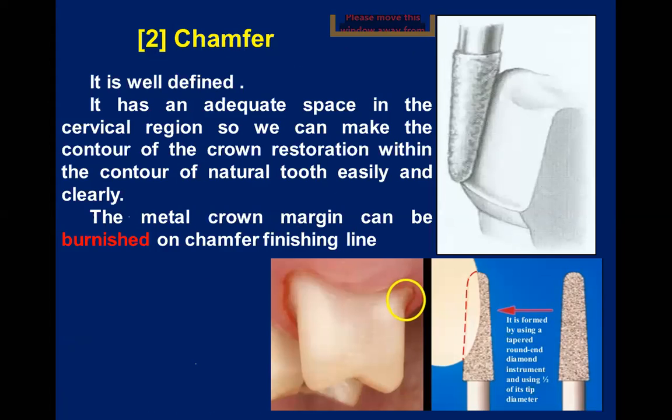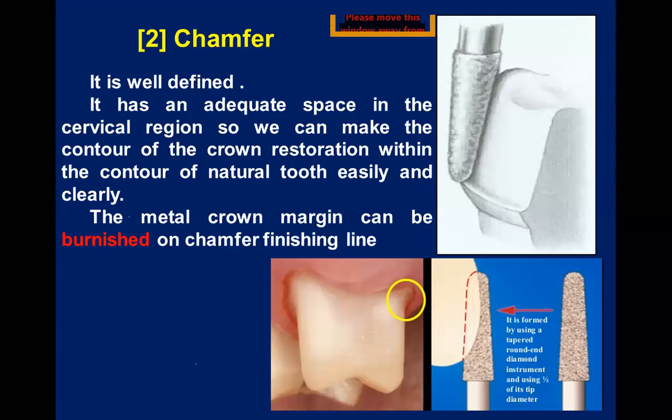Here we use a rounded end burr, and here the junction will be clearer, more prominent, because we cut more from the tooth structure and we create a chamfer finishing line. The chamfer finishing line is a clearer finishing line.